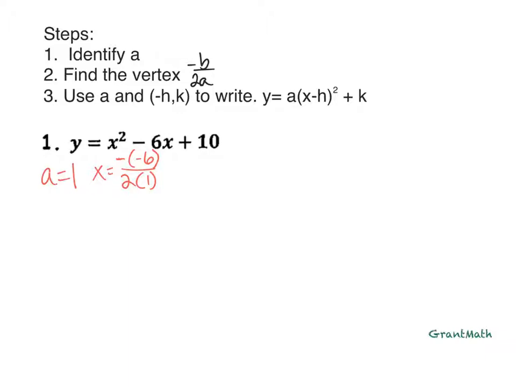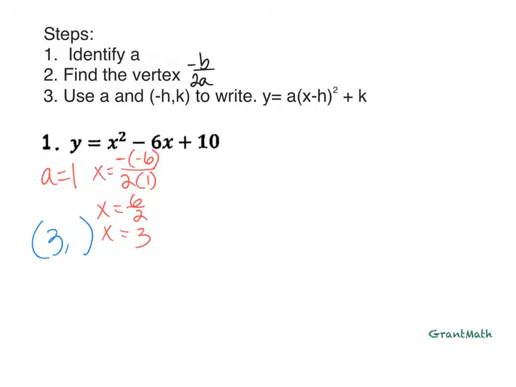That math is what? 3. 6 over 2. Okay, and that's the beginning of our vertex. 3 comma, we don't know. We're going to find out soon, right? So if I know that x equals 3, how would I find y? Plug it into the original equation.